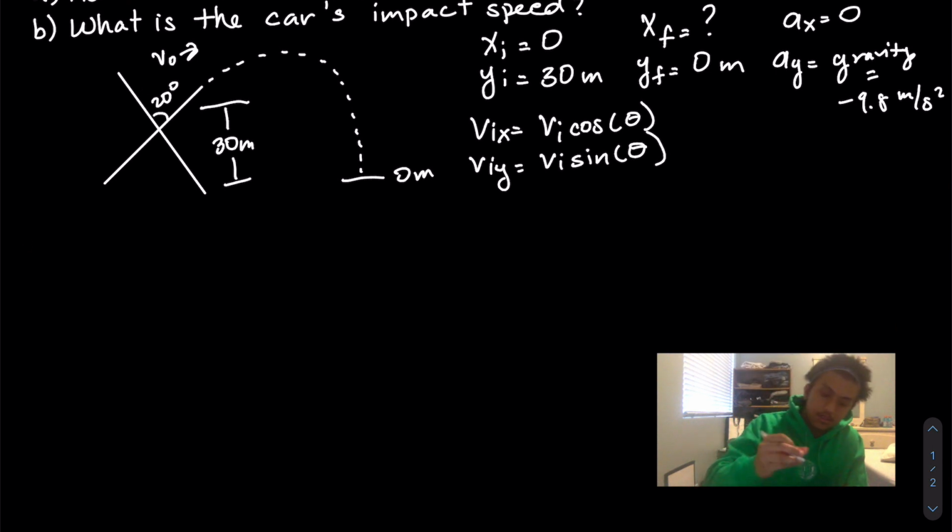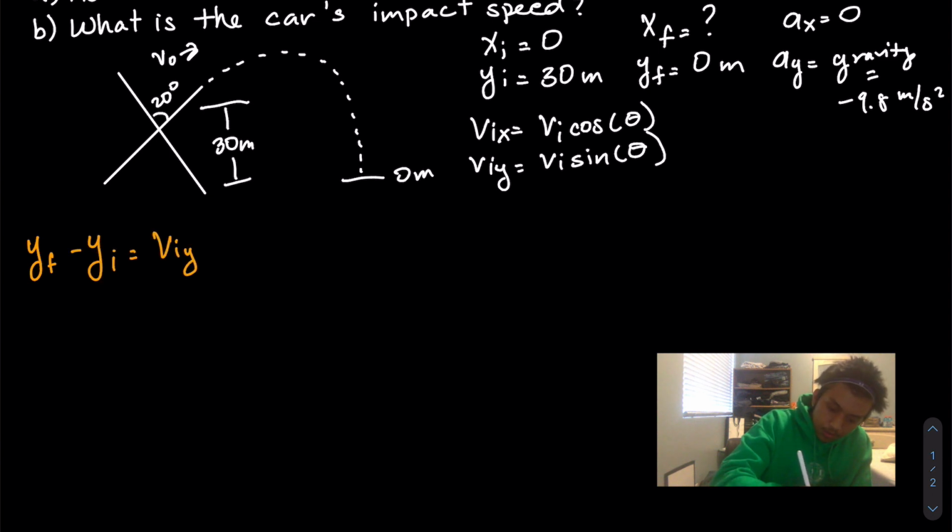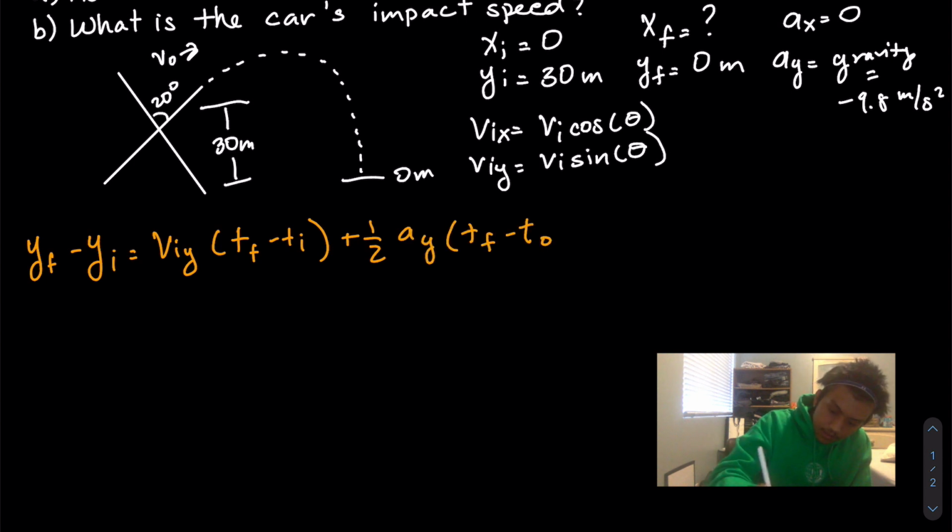So then it would be y final minus y initial equals v initial y times t final minus t initial, plus 1/2 a y times t final minus t initial, squared.